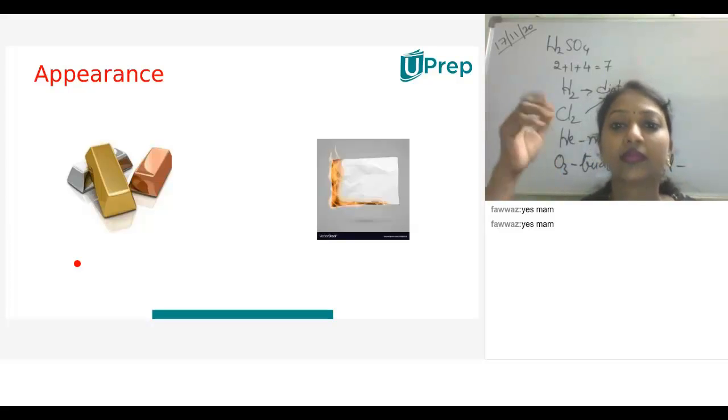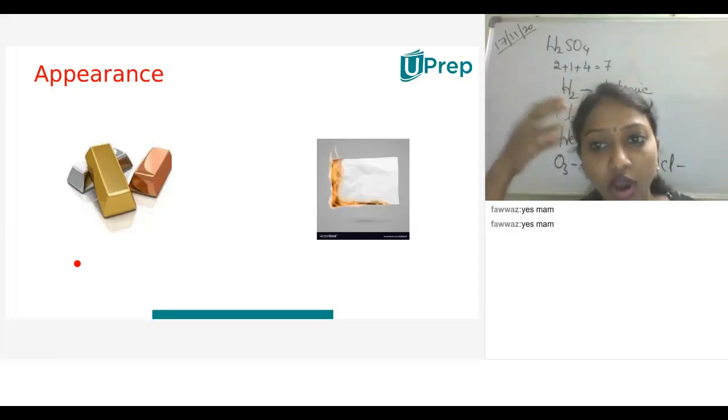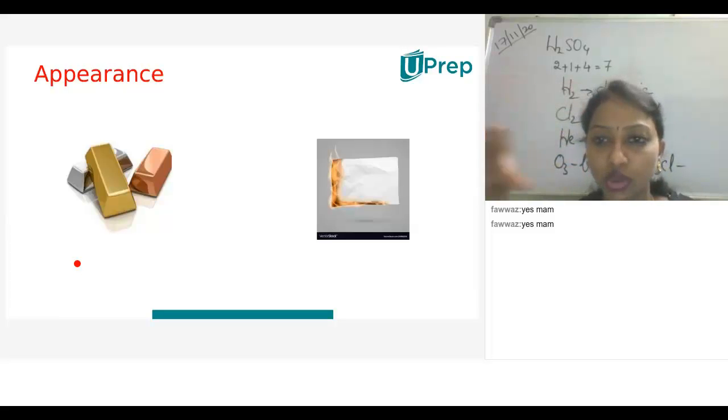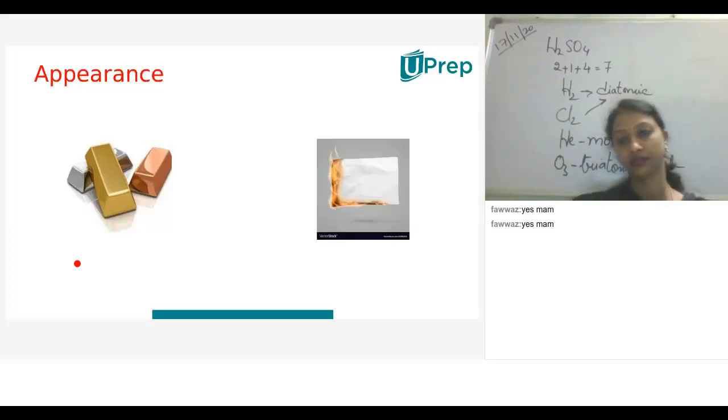By visualizing appearance, so that you can easily sort out, you can make a sketch inside your brain. So next time, easily you'll know that this zone, this area belongs to that particular material. Understood? Yes, ma'am, understood.